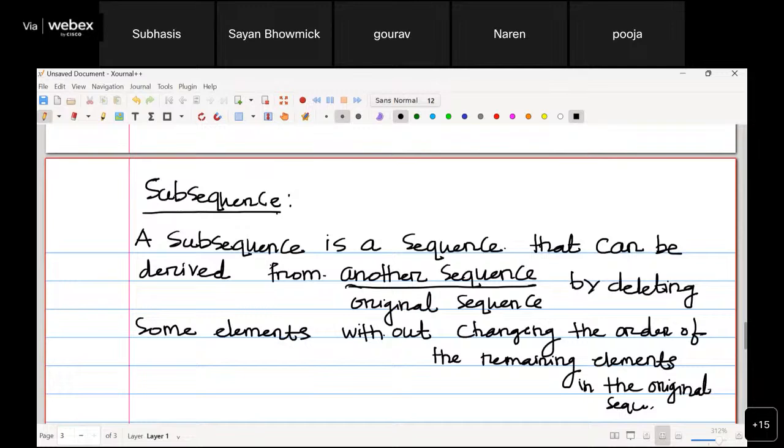Okay. So this part is really important. Without changing the order of the remaining elements in the original sequence.